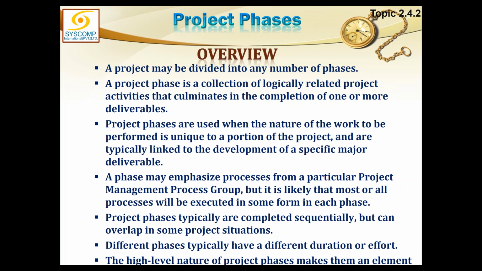So looking at the requirement of that specific phase, you may decide not to do certain processes and to do certain others. Out of those 47 processes, you can pick and choose whichever is applicable to your phase. So from that perspective, every phase may have different processes, but those different processes from a project management perspective are actually taken from the project management process groups.